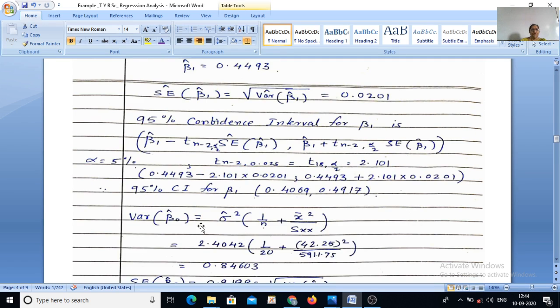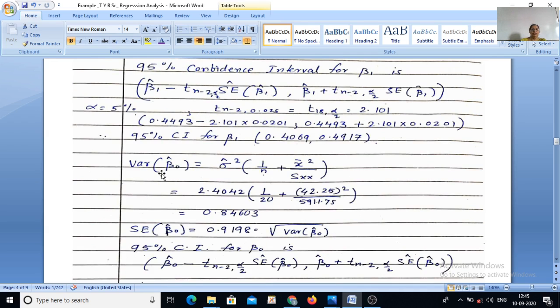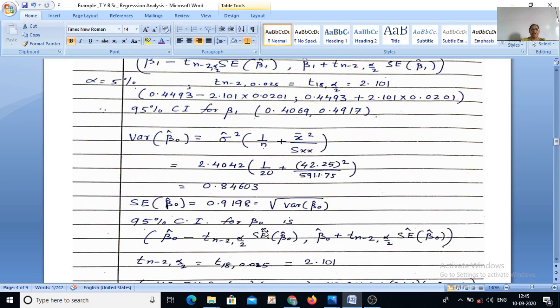Similarly, we will compute the variance of beta naught cap, which is sigma cap square into 1 upon n plus x bar square upon SXX. This formula you have to remember as it is. By putting in the value of sigma cap square, we get the variance of beta naught cap as 0.84603, and the standard error, the square root of this, is 0.9198.